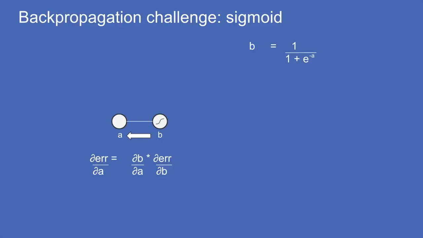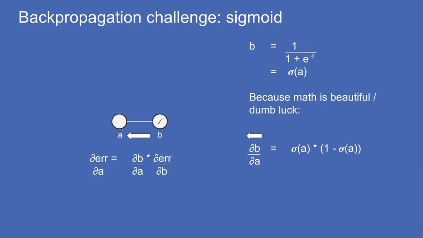This one's a little bit more interesting mathematically. We'll just write it shorthand like this, the sigma function. It is entirely feasible to go through and take the derivative of this analytically and calculate it. It just so happens that this function has a nice property that to get its derivative, you just multiply it by 1 minus itself.